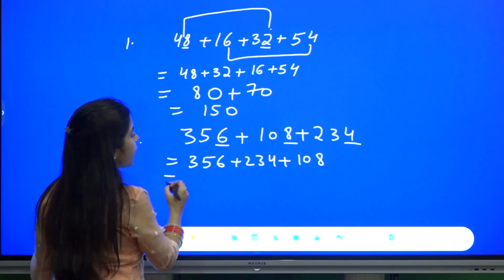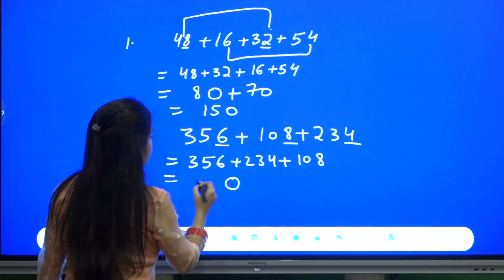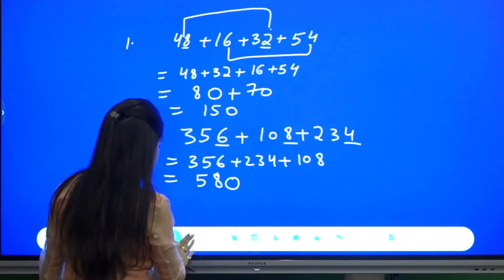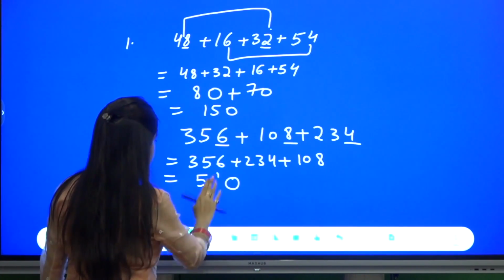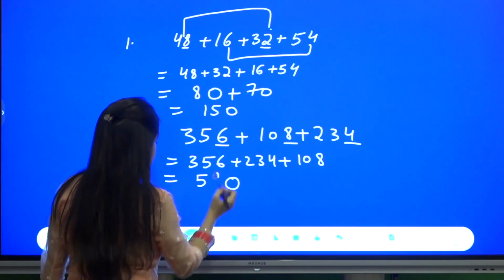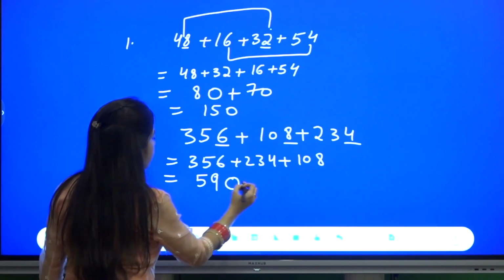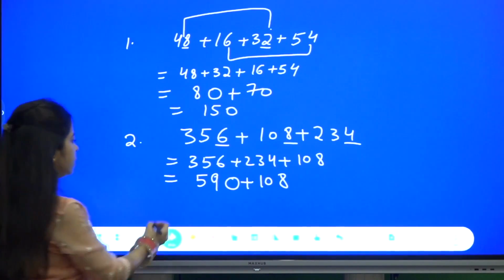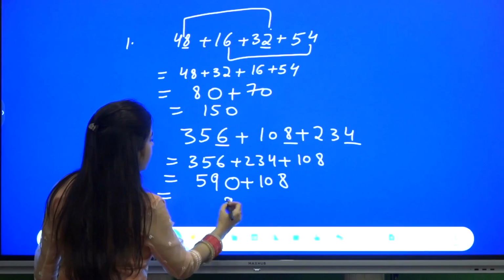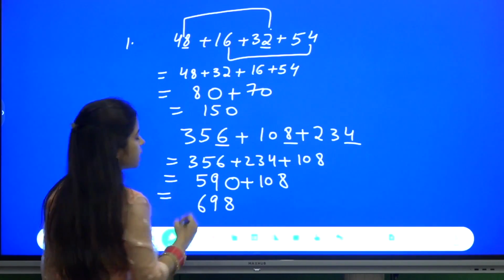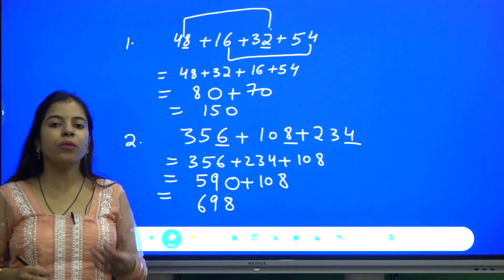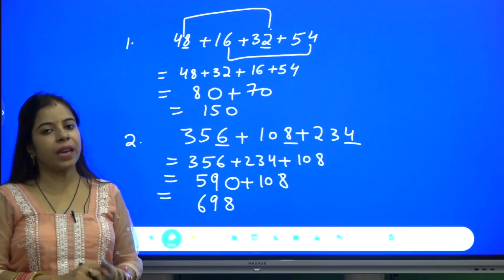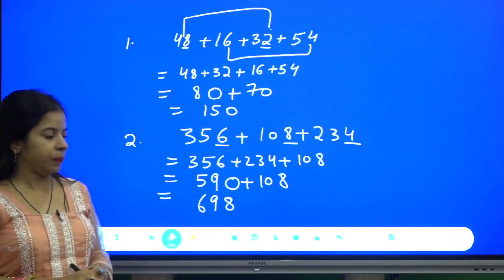So, we are going to get 590, plus 108, and this will become 698. So, with the help of 4 techniques, we can perform addition with the help of Vedic mathematics.